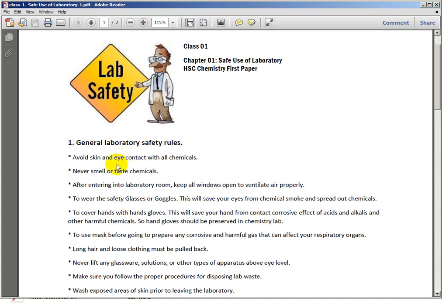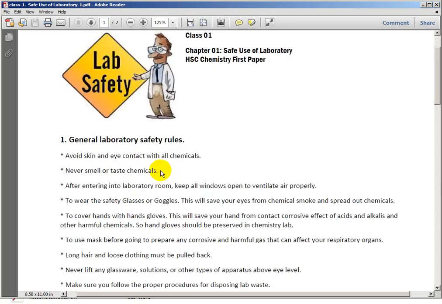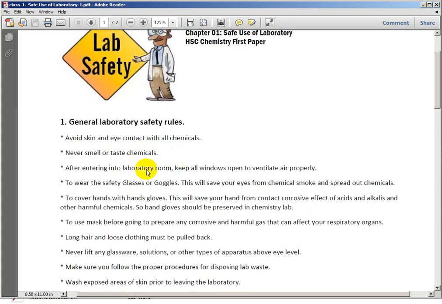So in the chemistry laboratory, you should maintain some safety rules. You avoid skin and eye contact with all chemicals. Never smell or taste chemicals. After entering the laboratory room, keep all windows open to ventilate air properly.